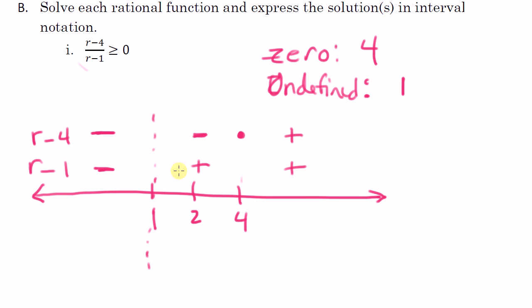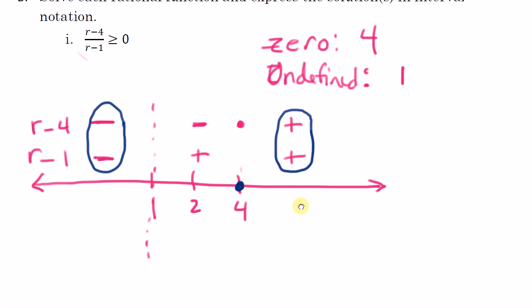Okay, so it wants to know where this function is going to be greater than or equal to 0. So it's equal to 0 here at 4, and it's greater than everywhere we have these double positives or double negatives, or same sign positive, different signs negative.